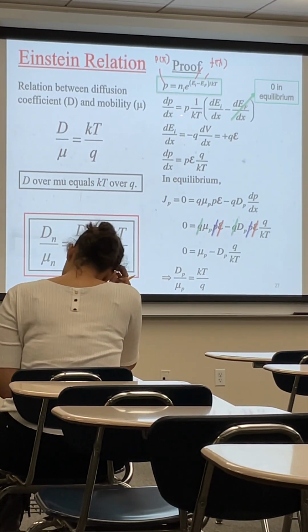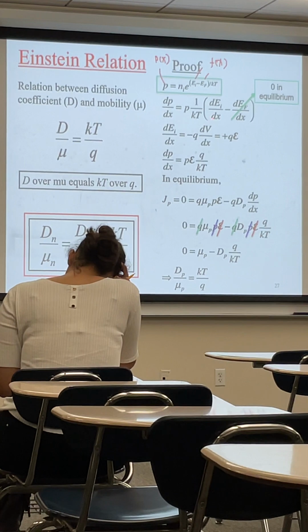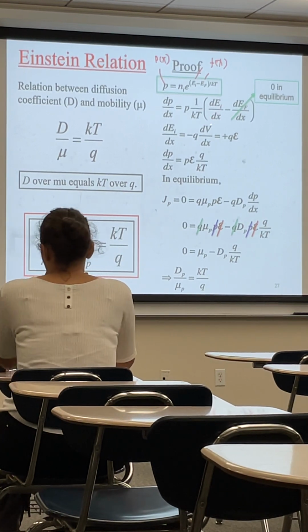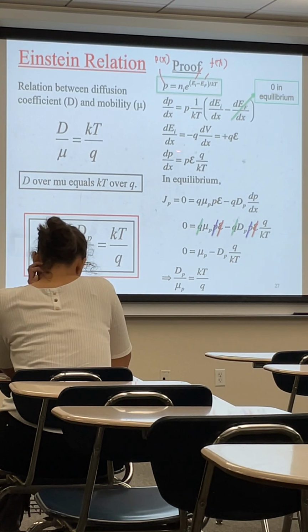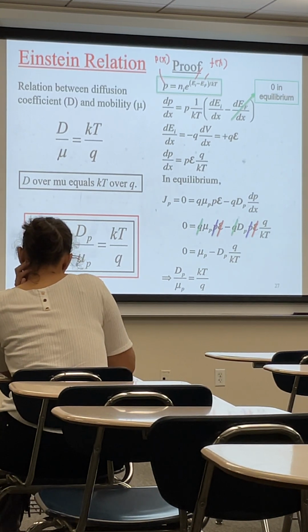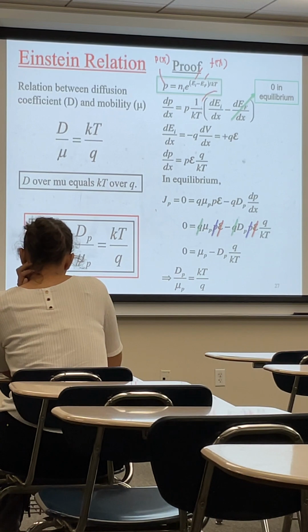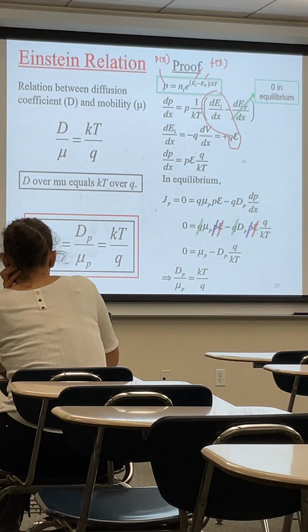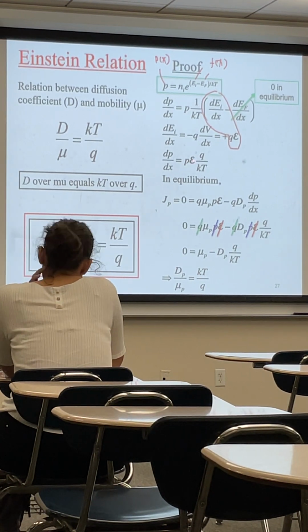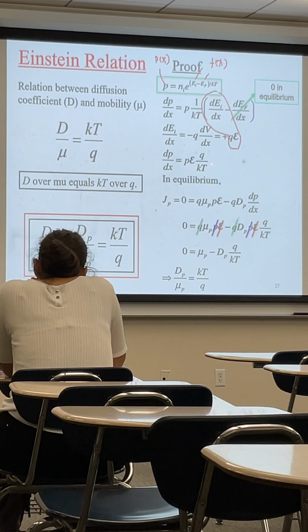Now we can just replace this dEI over dx by QE. If we replace this dI by QE here, then this dP over dx will be this PE Q over KT.